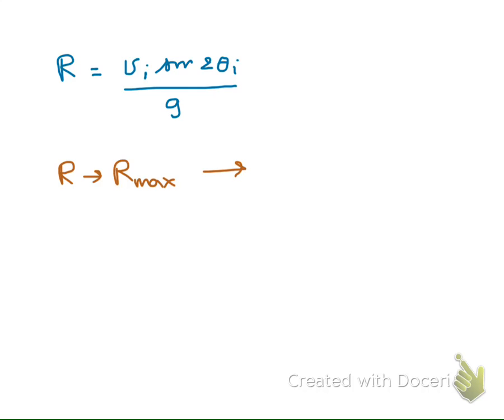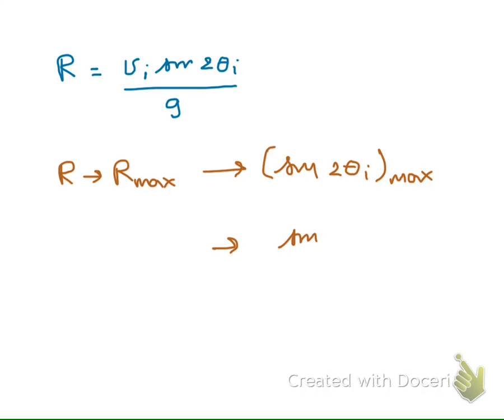So at R maximum, the sine of 2 theta i must have the maximum value too. The maximum value of the sine function is equal to 1.